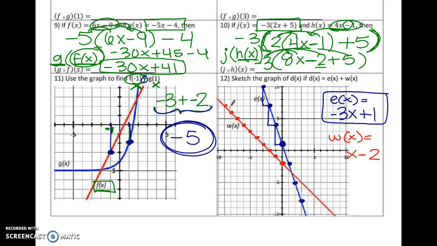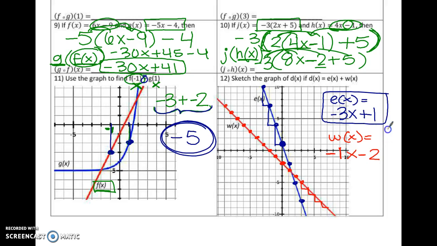So if you were to go down 1 over 1, you'll notice that that is the slope for this line. So down 1 over 1, that would be -1 over 1, or we can just put -1. We don't even need the 1.